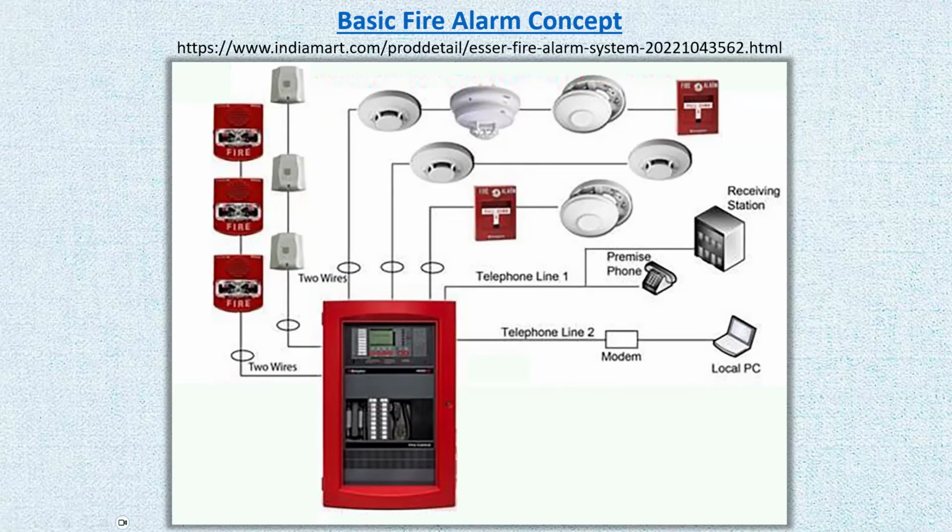All right. So here's the typical simple fire alarm, kind of like a concept diagram. The sensors for the fire alarm are, as far as classifications, much simpler than the security alarms.